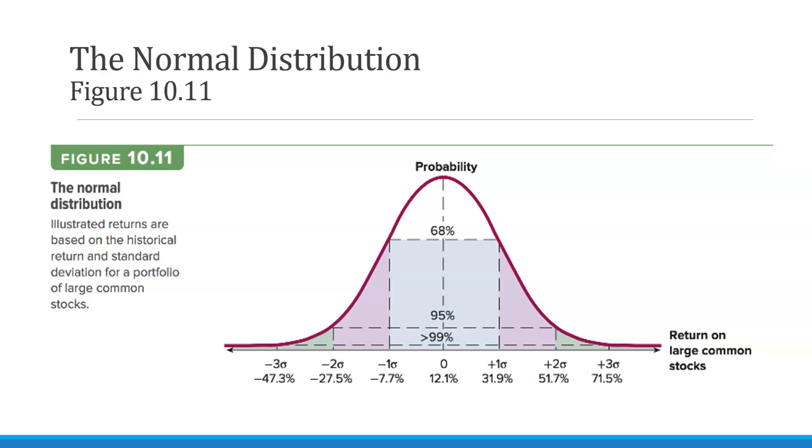We want to keep in mind, though, that the information that we're looking at is based only on 92 yearly observations. Well, in principle, this could be based on an infinite number.